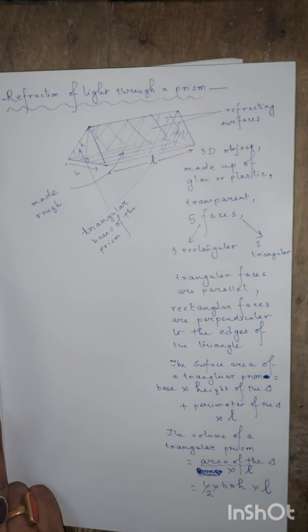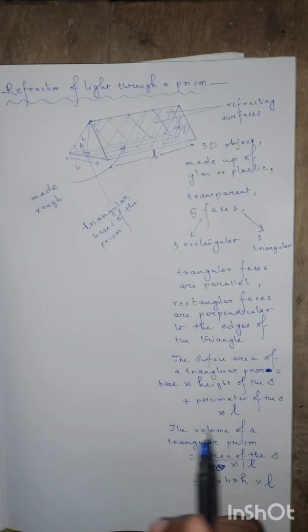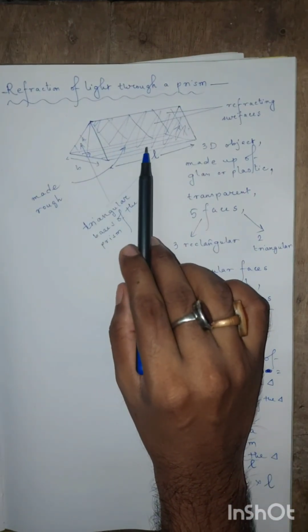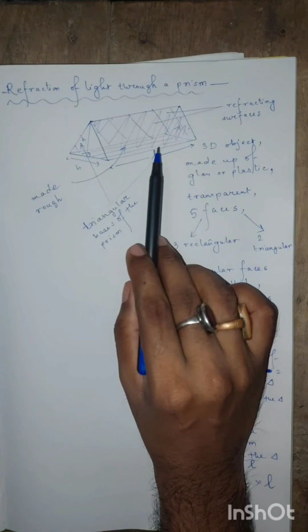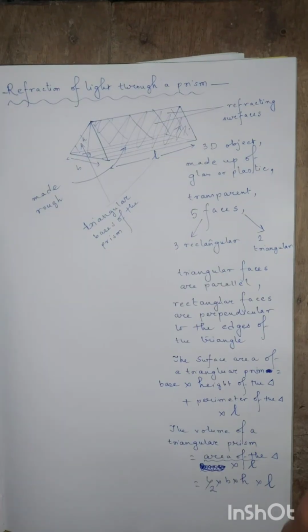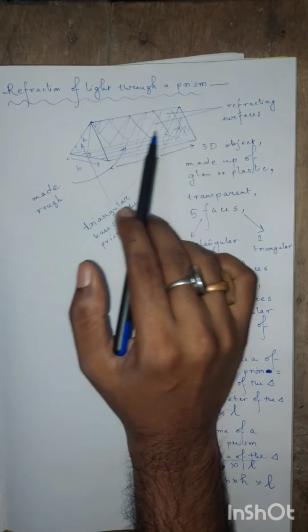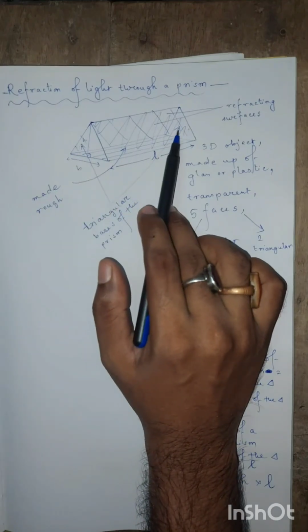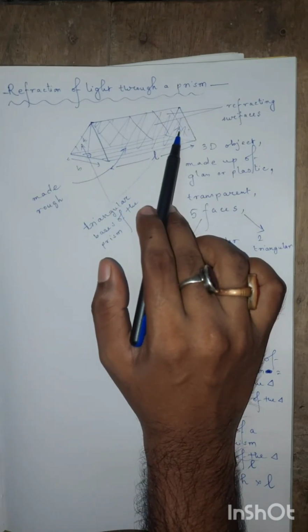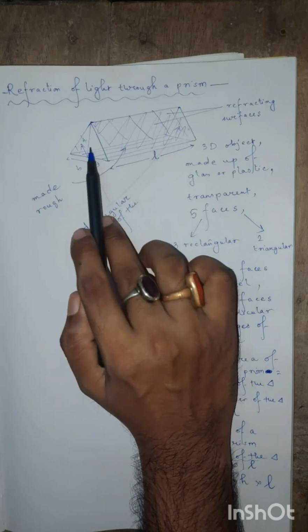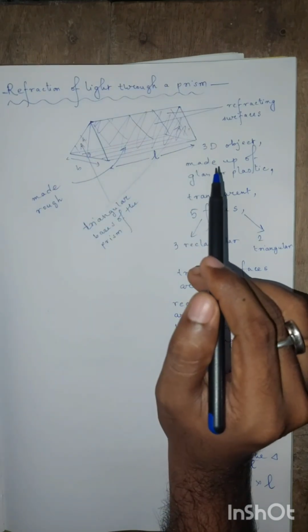In mathematics, if we consider a triangular prism, then these two triangles are considered as bases. So in mathematics, the triangular surfaces are called bases.